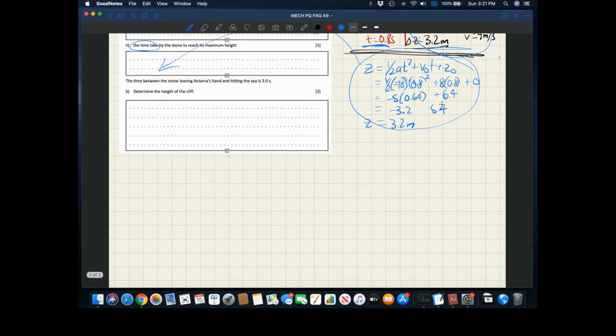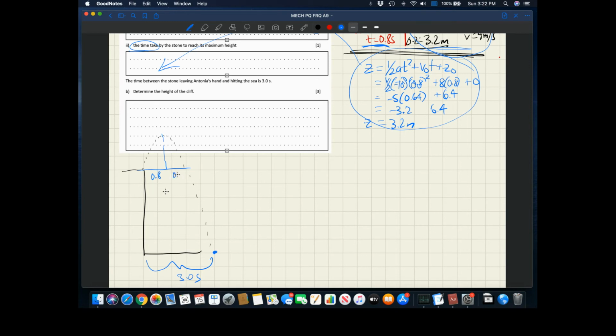So what we want to do is diagram this picture a little bit more detailed way. So we've got our projectile going up like this and coming down. Now, what I want to do is take a look at what's going on with the times, because we know it hits at 3 seconds. Well, we know it takes 0.8 to get to the top.